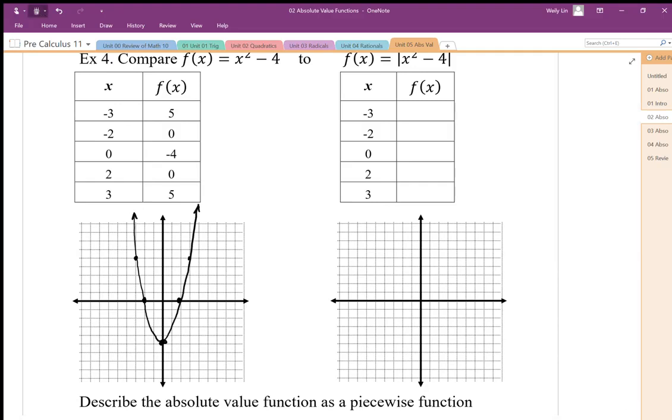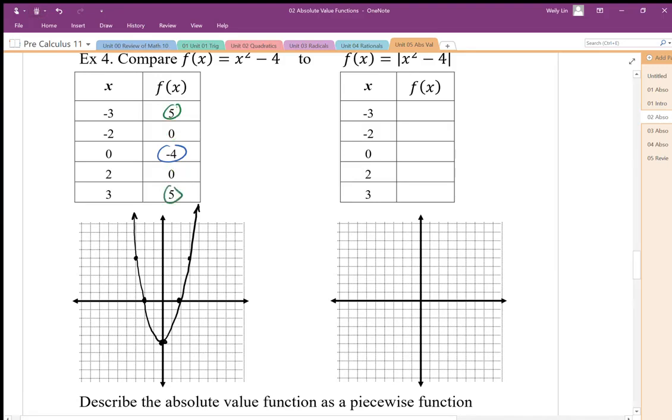So what's going to be key again is where is the graph going to be positive? Okay, so I'll do the positive here in green. And where is the graph going to be negative? Okay, where the y values are negative. And when is it equal to 0?